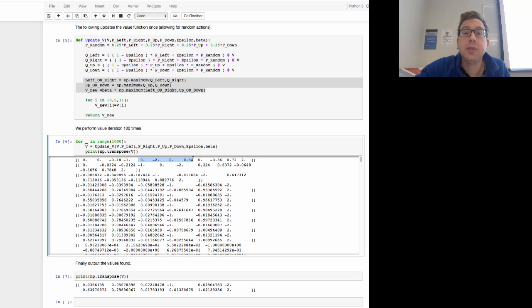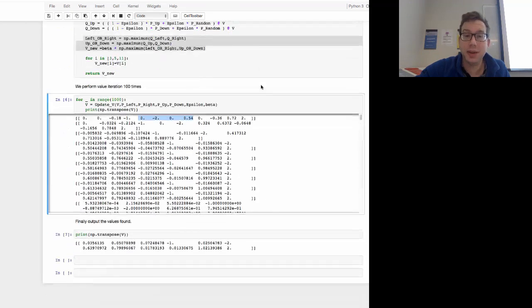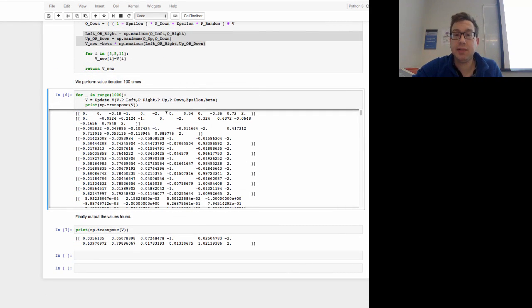Note this 0.54 is for being stuck in this position here. It's beneficial to be here because I can try to move up, and if I do, the average between being at 2 or minus 1 is 0.54. That's what the computer tells me. So that's one iteration, and that's the whole row it gives me.